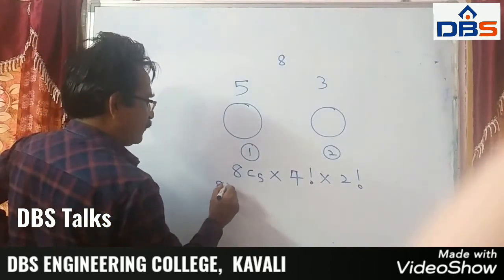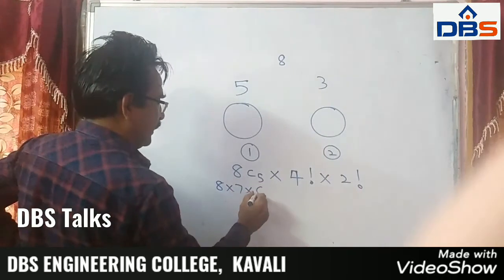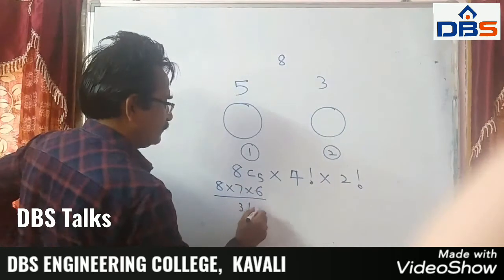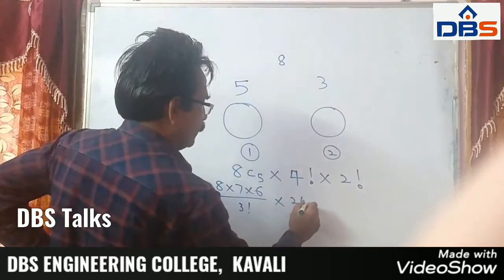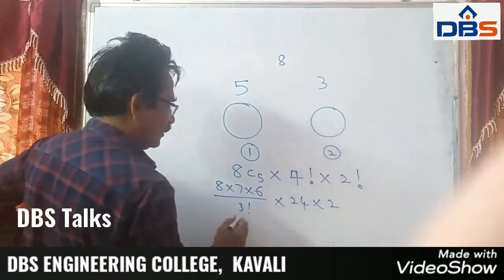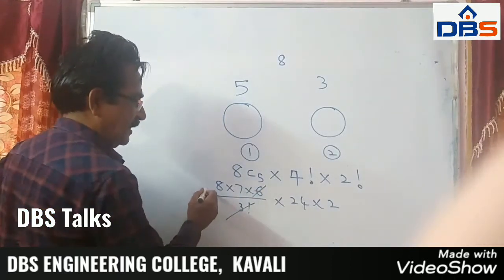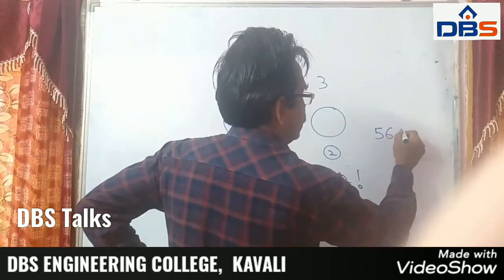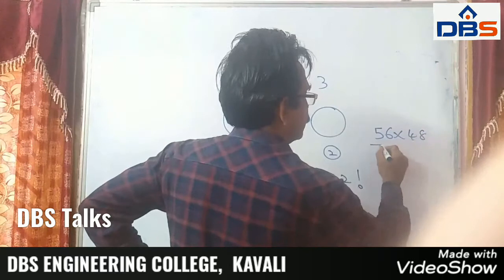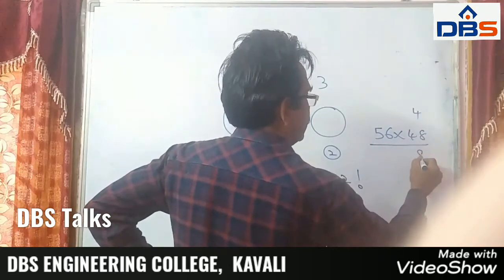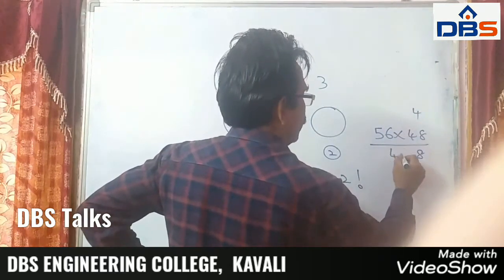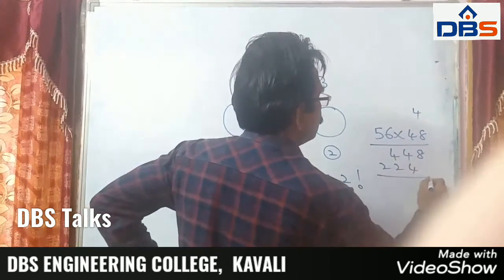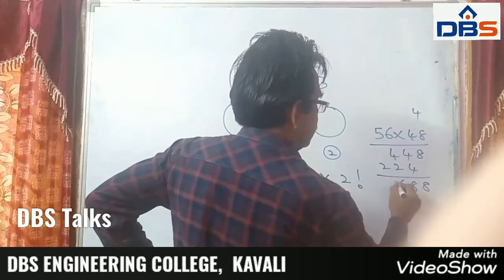8C5 is 8 into 7 into 6 over 3 factorial, as 5 factorial gets cancelled. Then into 4 factorial, 24, into 2 factorial, 2. 3 factorial, 6, is cancelled. 8 times 7 is 56, into 48. 8 sixes are 48, 8 fives are 40 plus 4 is 44.